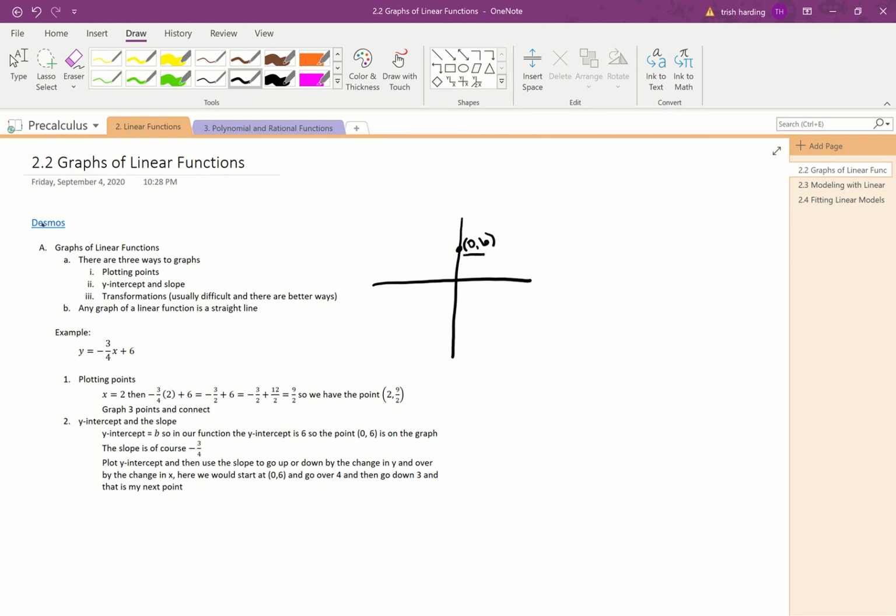I'm going to go over 4, and then I'm going to go down by 3 since it's a negative 3. So I'm going to go over 4, down 3, and this would be my next point. Of course, I would do it on a grid, so then I could just draw a line through it. Oh, not that point, through this point.